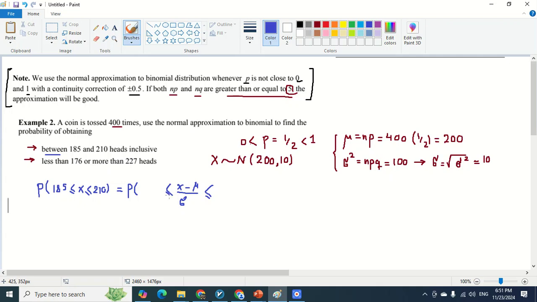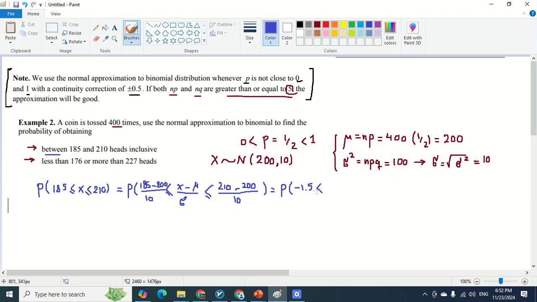Then we have the following: 185, the number at the left, minus the mu, which is 200, and divide this value by 10, and do the same thing for the number at the right side of this inequality, 210 minus 200 over 10. So this leads us to the standard distribution as follows: 185 minus 200 is minus 15, over 10 is minus 1.5. So we should replace it by minus 1.5 over here.